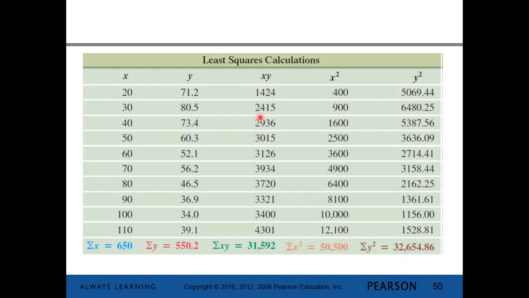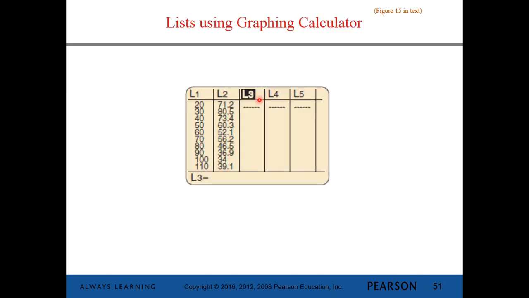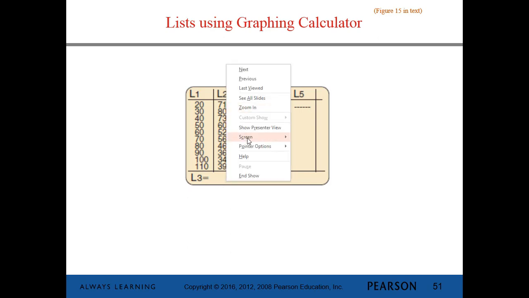To get this column here, all you would have to do is put your cursor up on L3 at the top, and then all you have to do is type in what you want in this list. So in this case, if I want to have the products of my X and Y, then I would put in L1 times L2.